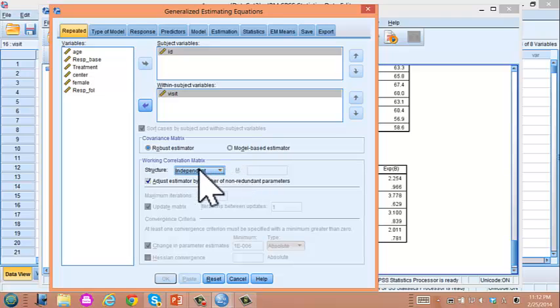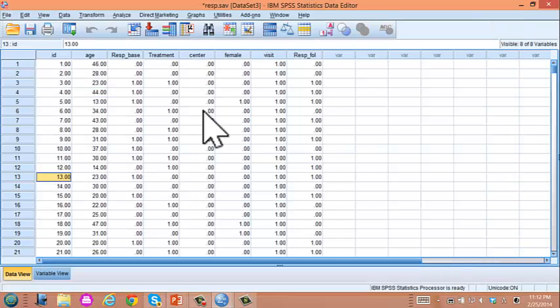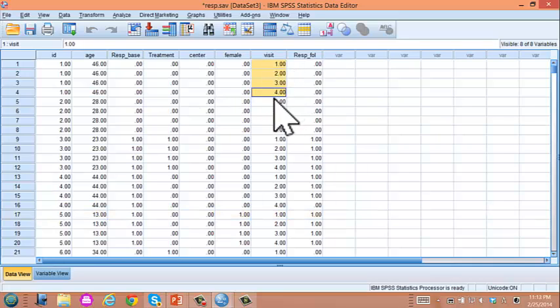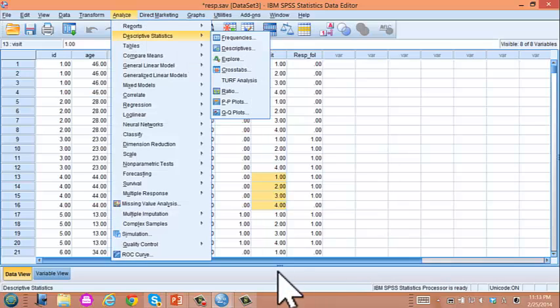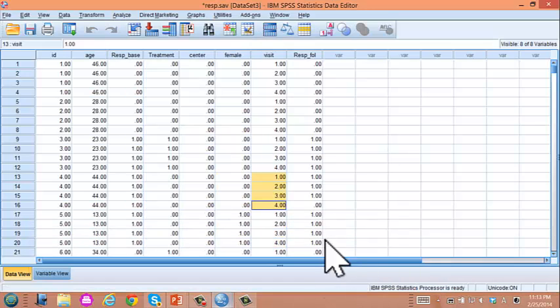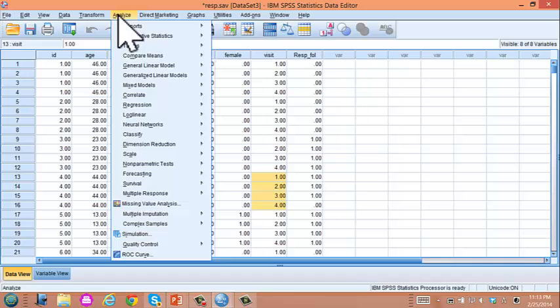In GEE, as long as you have balanced data, that means everyone has the same number of observations, if everybody has 4 visits of data, then you have balanced and no missing data. In this case, whichever correlation structure you use, the model will converge to the right correlation structure.